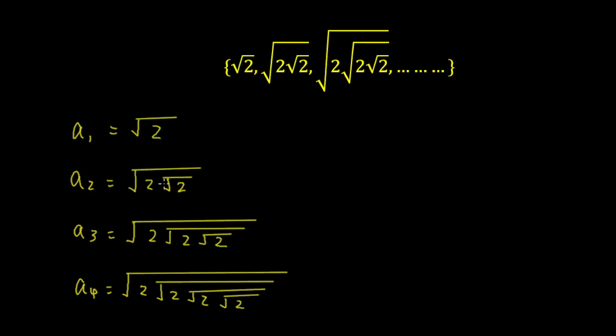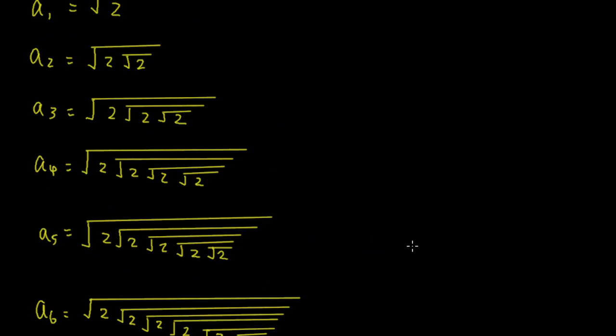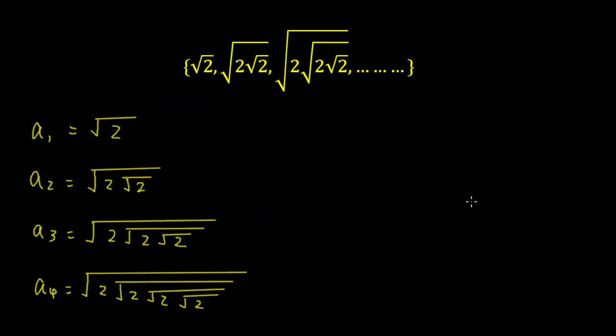Now let's look at how we can relate a sub 2 to a sub 1. Okay, so a sub 2 here is square root of 2 times square root of 2. Now, you can see that this square root of 2 is just a sub 1.